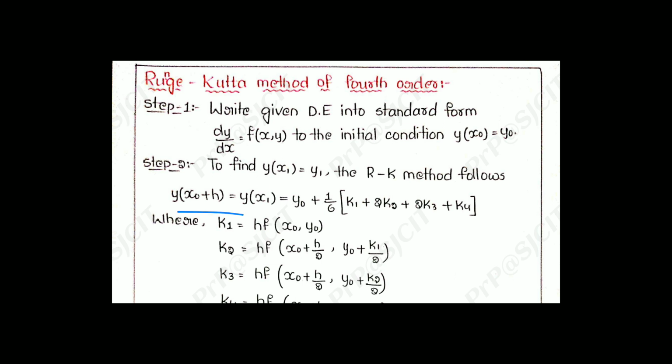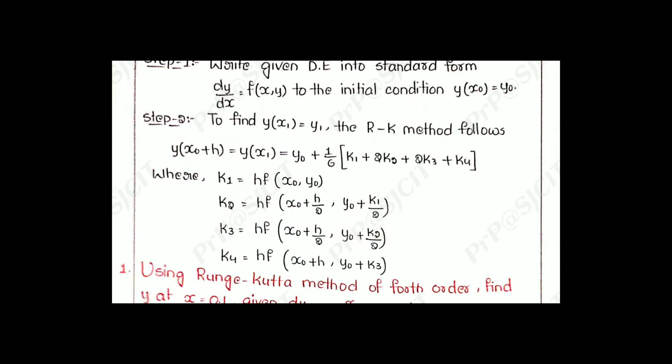This is the formula to find Runge-Kutta method of fourth order. Y of x1, x1 means they give to find 0.1, 0.2, 0.3 like that. Y equal to y naught plus 1 by 6 of k1 plus 2k2 plus 2k3 plus k4. This is the formula to find it. And how to find the k values?